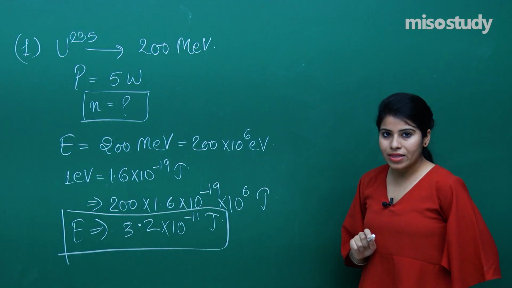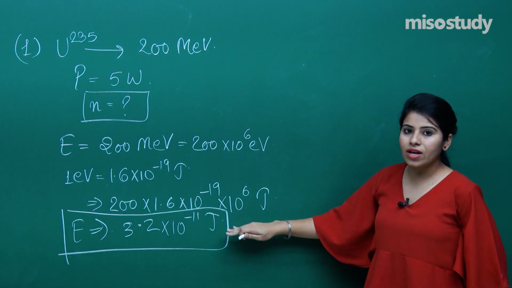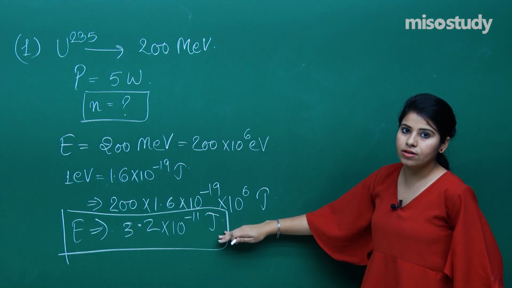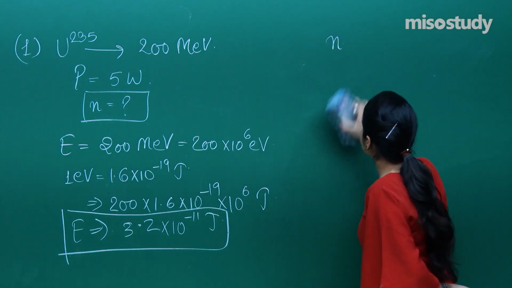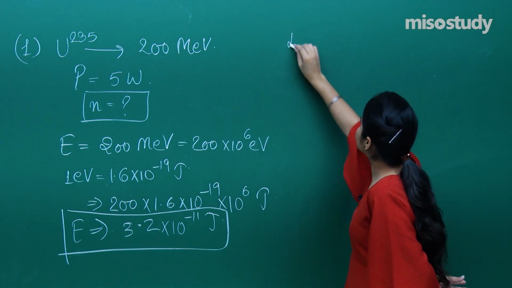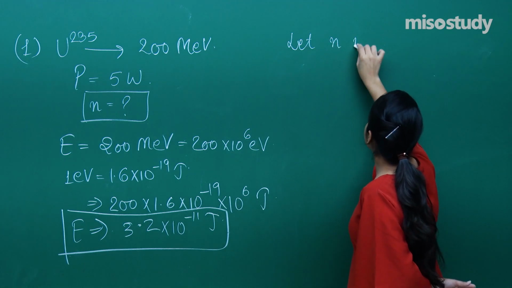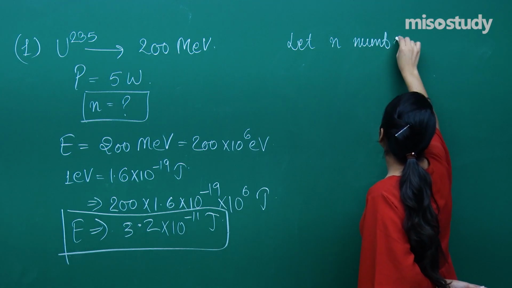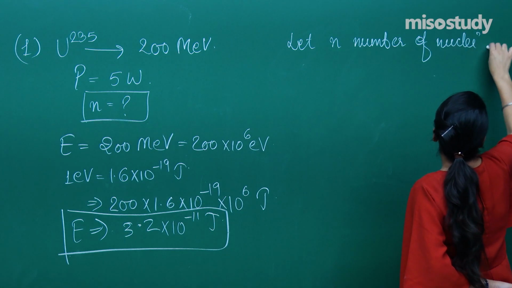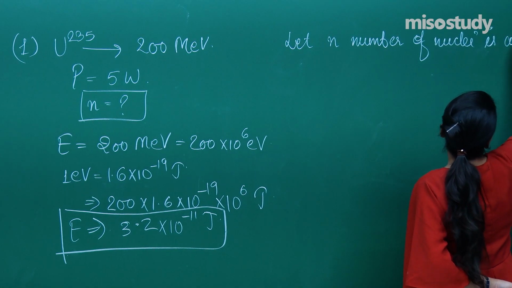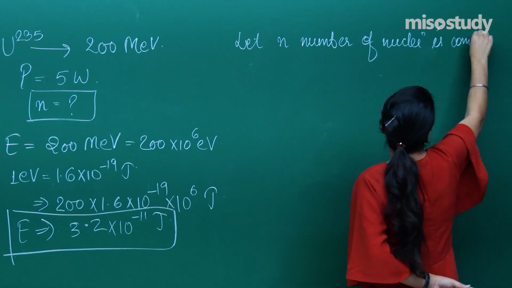As I told you, the total energy with us is in joules. Suppose N number of nuclei come out in the fission.